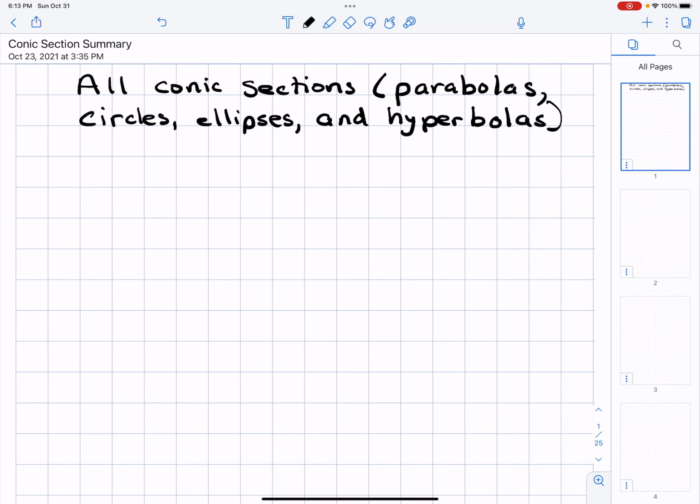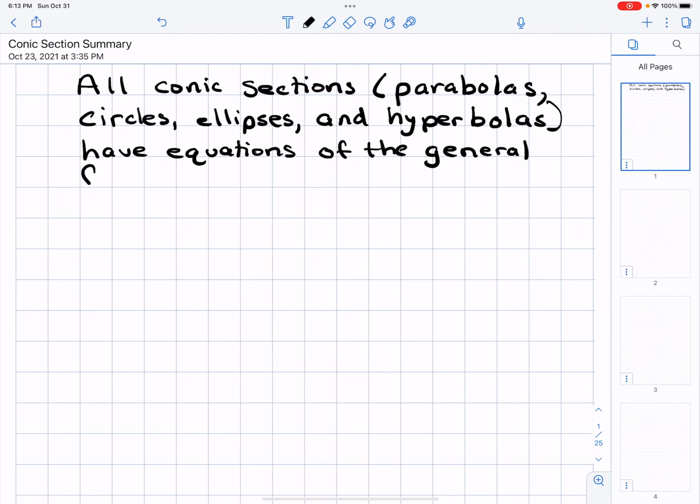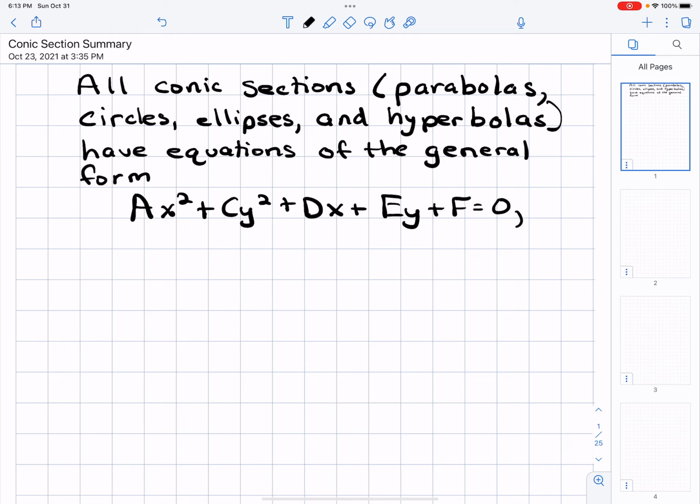But all of them have equations of the general form ax squared plus cy squared plus dx plus ey plus f equals 0, where a or c must be non-zero.